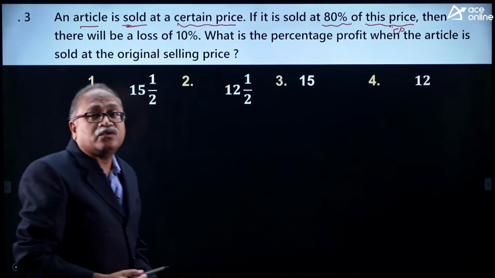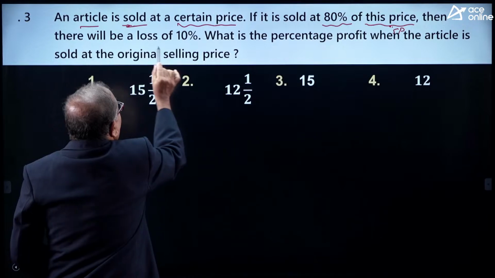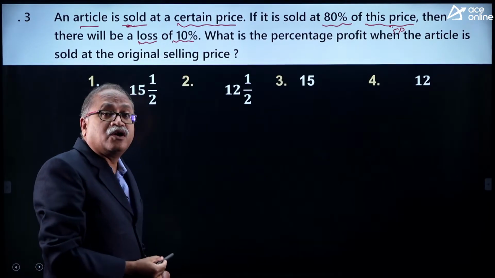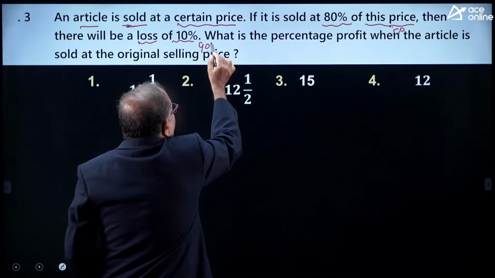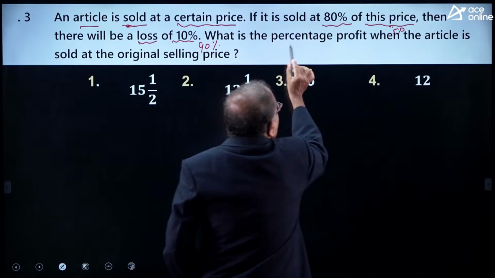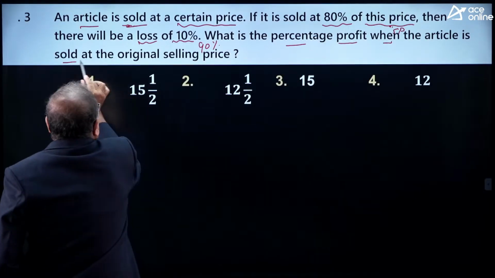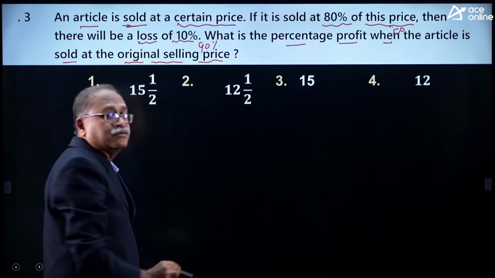So, if it is sold at 80% of the selling price, then there will be a loss of 10%. Loss of 10% means the selling price will be equal to 90% of the cost price. Okay, what is the percentage profit when the article is sold at the original selling price?